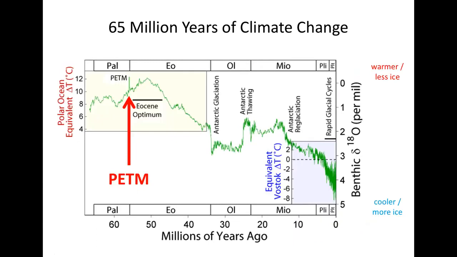So this is exactly the same graph that Mark showed before. We know that 65 million years ago the dinosaurs died out, and since then we've had a chunk of time called the Cenozoic, and there's been quite significant climate change during that period.